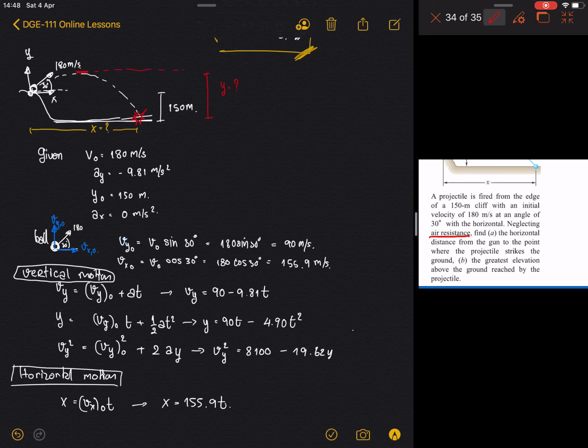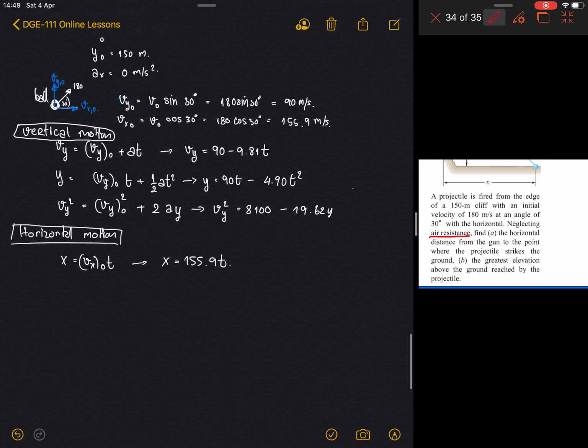We're starting from 0 at this point, and you know that when it hits the ground, y is equal to negative 150 meters. So to find the horizontal distance, y is equal to minus 150 meters, because when it hits, it's at negative 150 meters.